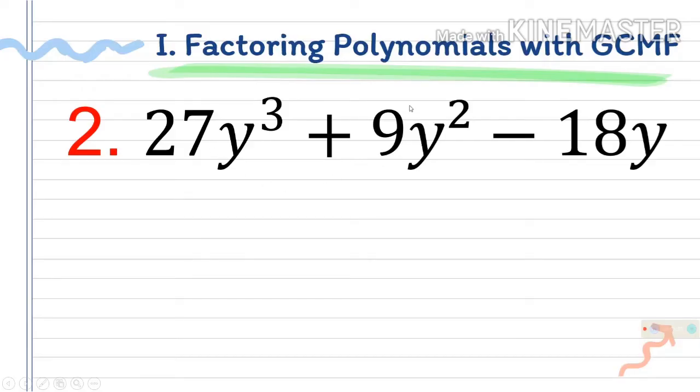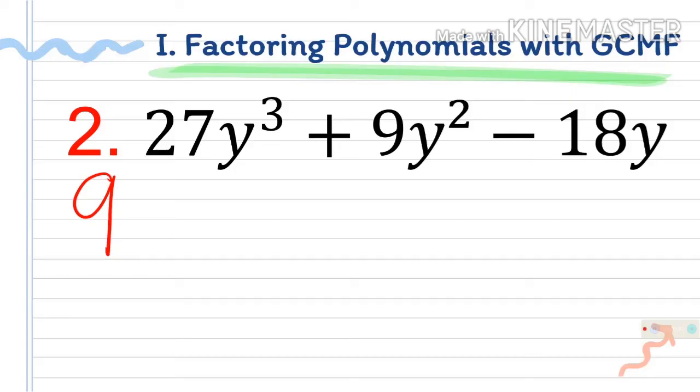The second one is 9. And the third one is negative 18. So you have to think of the greatest common factor of 27, 9, and negative 18. What number is it? Yes, the GCF is 9.